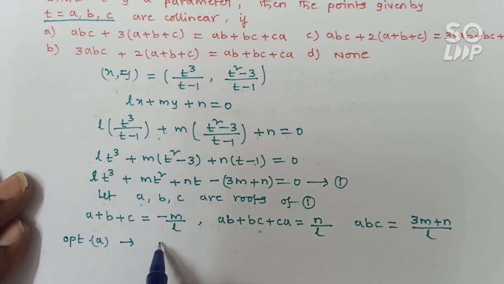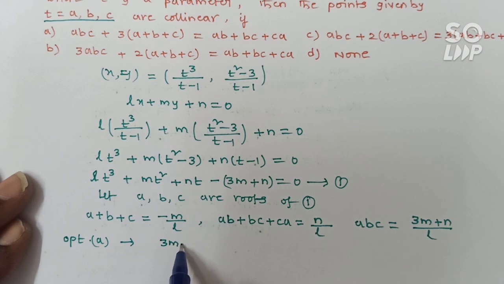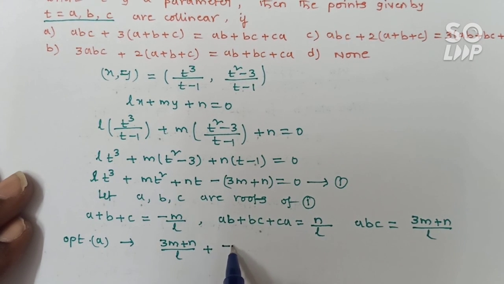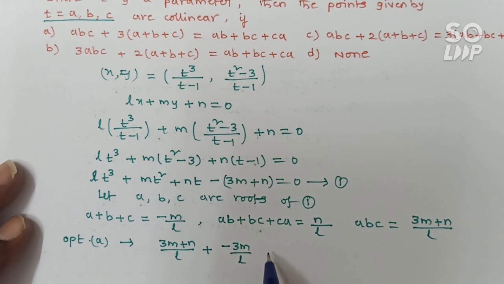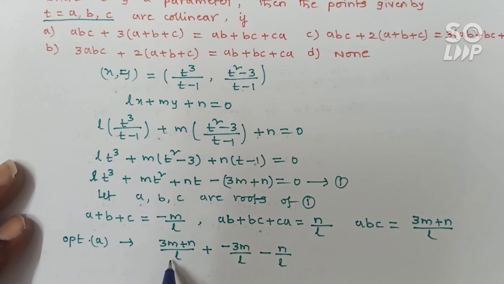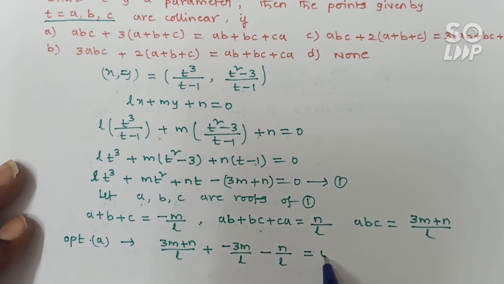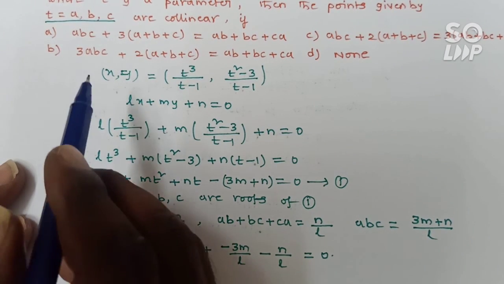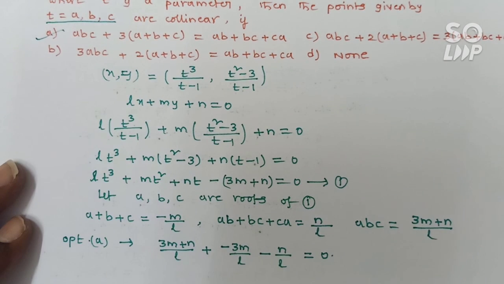What is the abc value? 3m plus n whole divided by L, plus 3 into a plus b plus c, that is minus 3 into m whole divided by L. Okay, and next minus of ab, that is minus n whole divided by L. So clearly this value will be equal to 0. So your correct option is option A. Option A is the correct option.